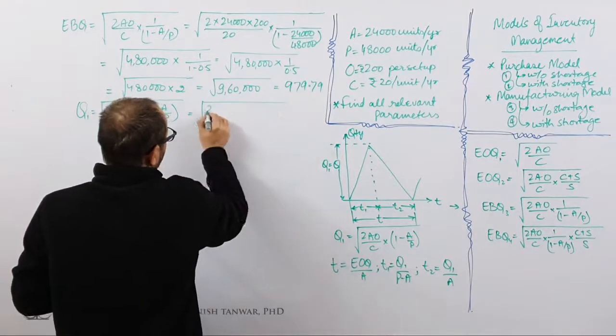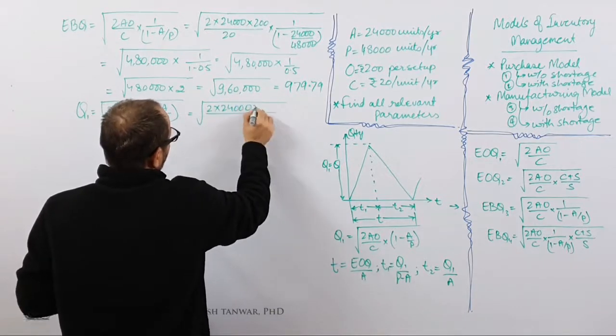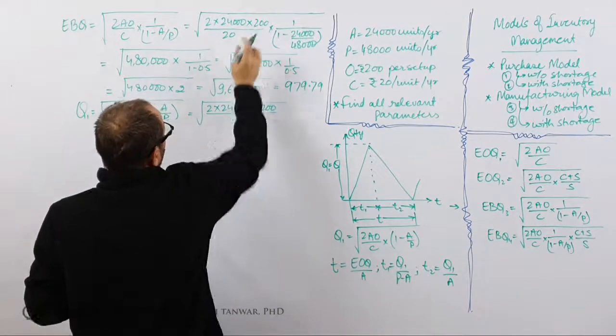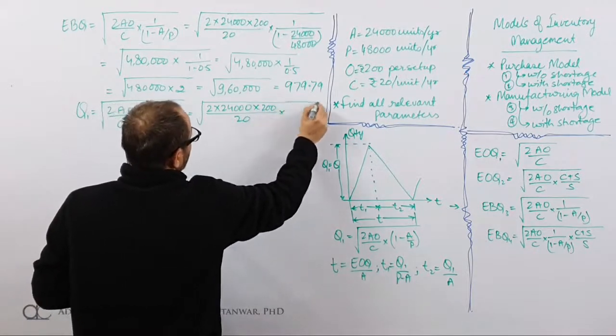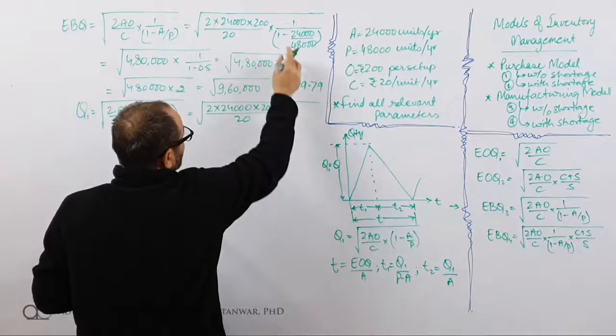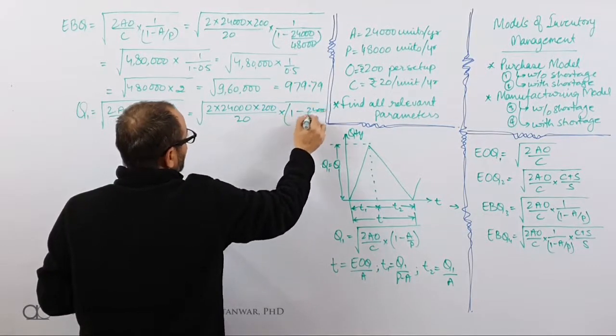So the values would be 2AO upon C. With this factor, this time instead of the denominator it comes up to the numerator: 24,000 upon 48,000.